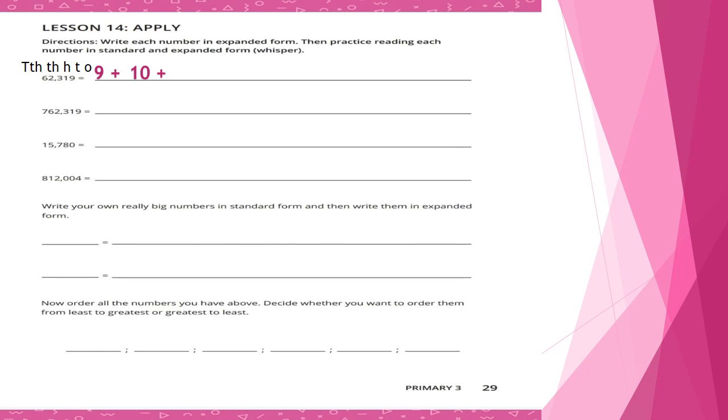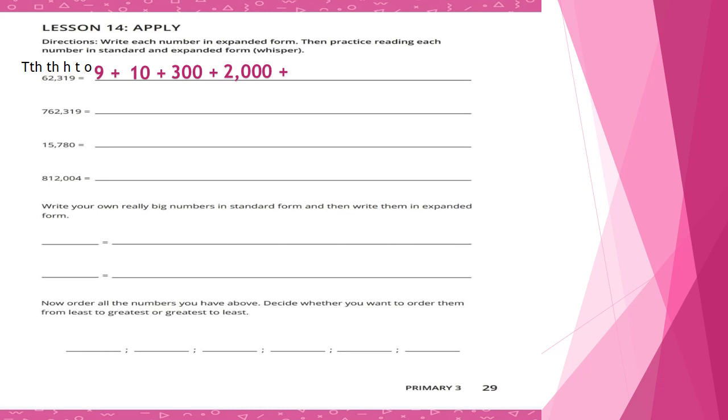The number in hundreds, we have 3 in hundreds. Its value will be 300. We will put 2 zeros. 2 in thousand, its value will be 2,000. We will put 3 zeros. 6 in 10,000.